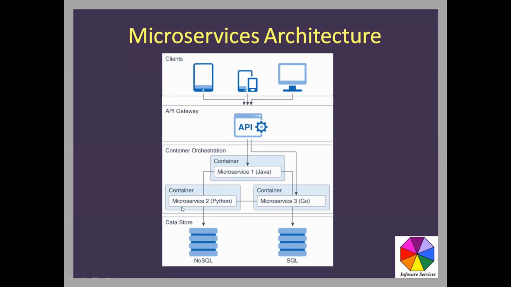If I have to do some background processing of data, it's going to go to the Python container. So each of these is orchestrated by this architecture, and the gateway connects to each of them. Such an architecture is a microservice architecture.